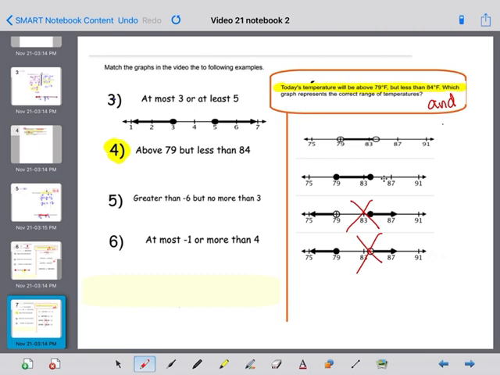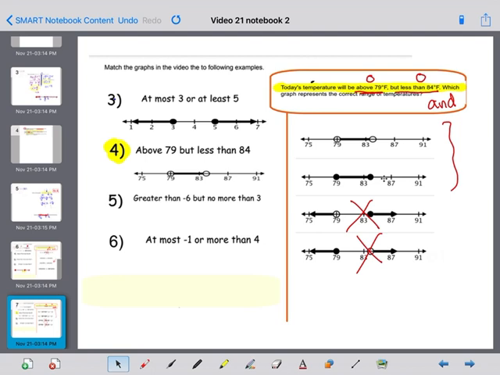So now the question is, do we have 79 and 84 included? So above 79 tells me that 79 is not included. So we'll have an open circle there. And similarly, less than 84 tells me 84 is not included. So we will have this one here with 2 open circles and the area between shaded.